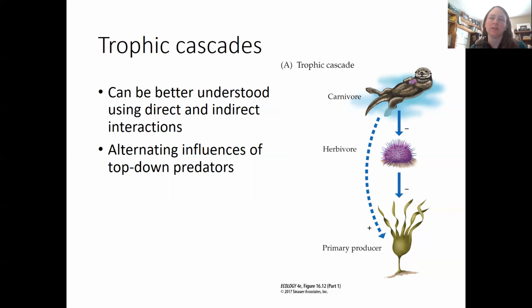In this case, you can see a sea otter is a top predator, and they eat sea urchins. So if you have healthy sea otter populations, you have fewer sea urchins. Sea urchins are very voracious predators of kelp forests. So when you have healthy sea otters, you have really healthy kelp forests. If you don't have sea otters, then the urchins eat up all the kelp, and you have very little kelp in the near shore.